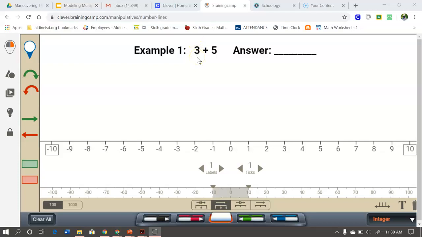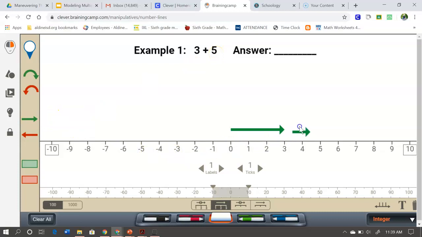So in this case, our example number 1 is 3 plus 5. So we want to represent this positive 3. I'm going to take this first arrow and I'm going to put it at 0, and I'm going to stretch it all the way to positive 3. Now this second number 5 is also positive, so I'm going to take my second arrow.